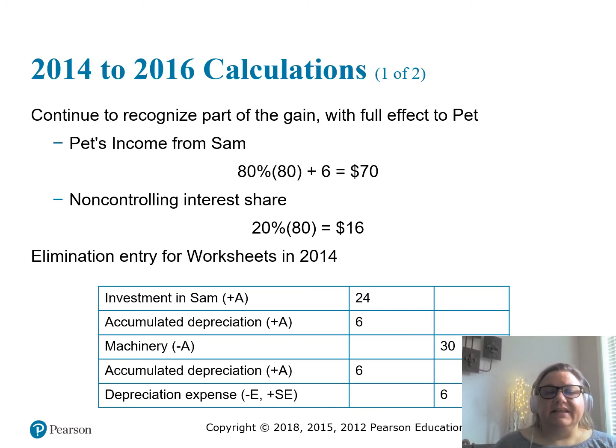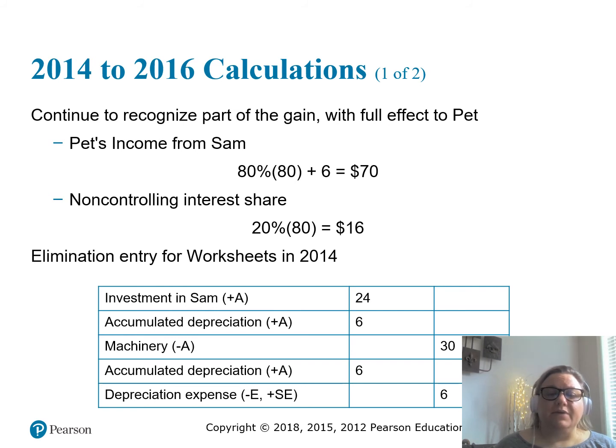Okay, so let's look at this continuing situation, continuing to recognize parts of a gain, with full effect from Pam to Sun. Now we have two different companies, Pam to Sun, a new one. Pam's income from Sun: we take, let's say it's 80, 80% of 80, plus the accumulated depreciation of 6, and we show 70.